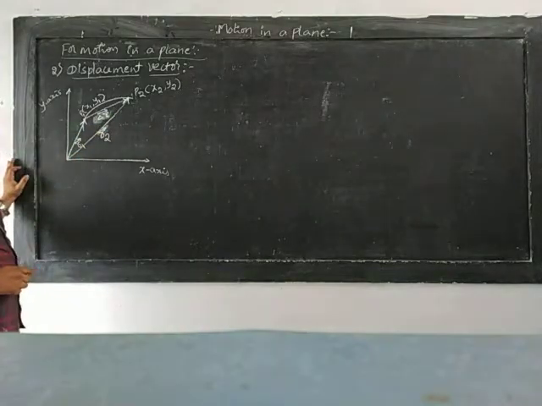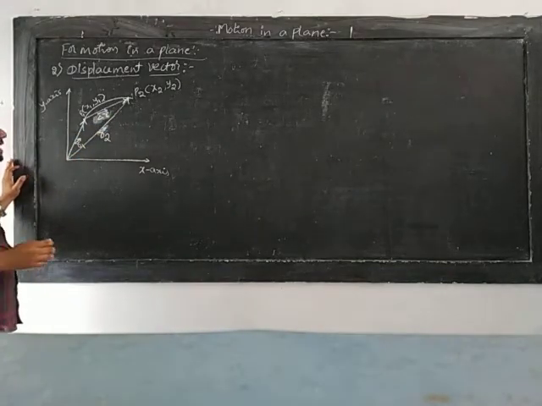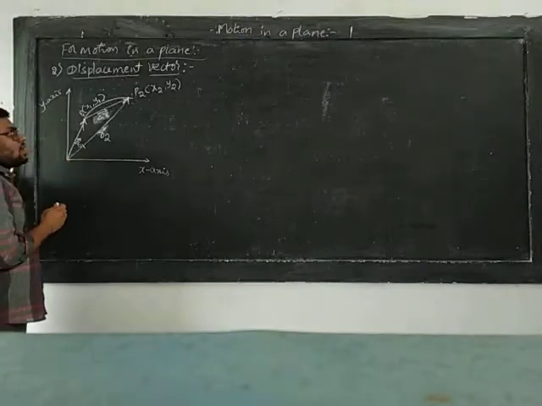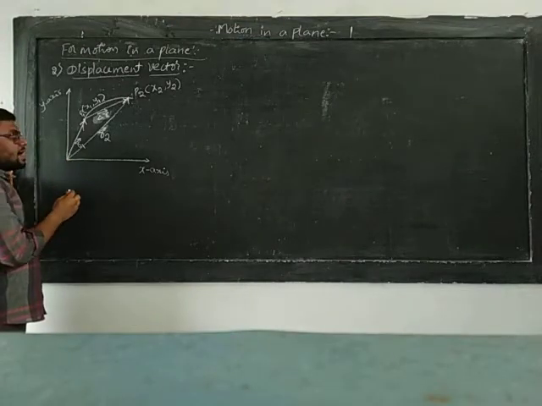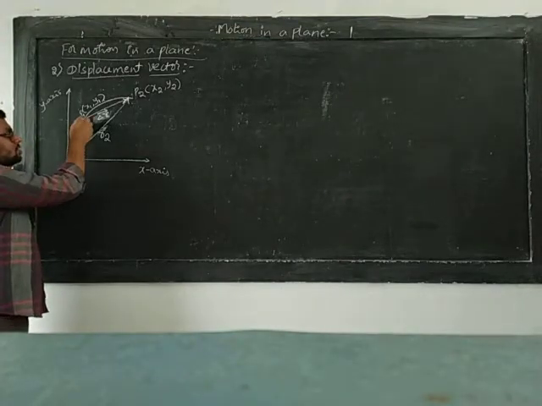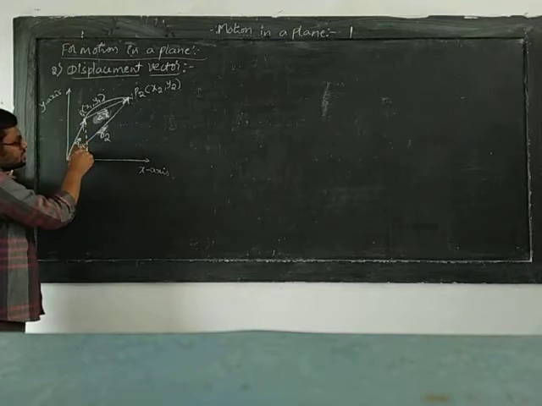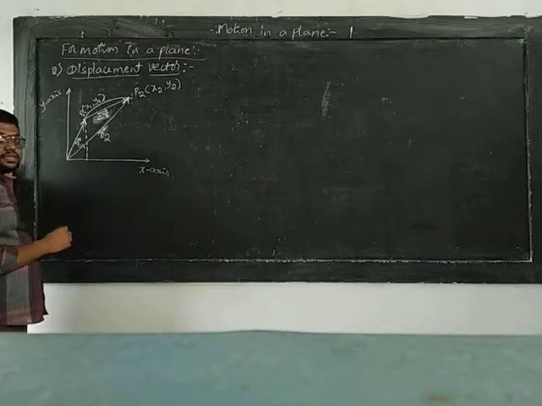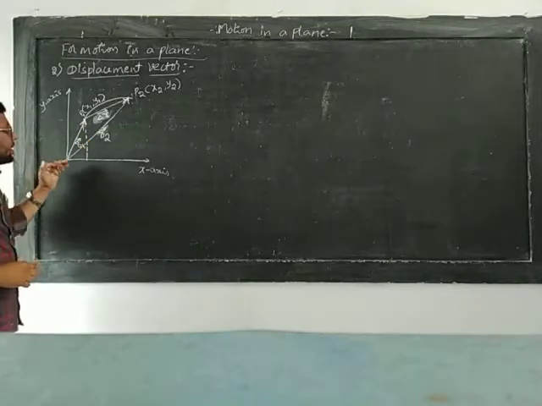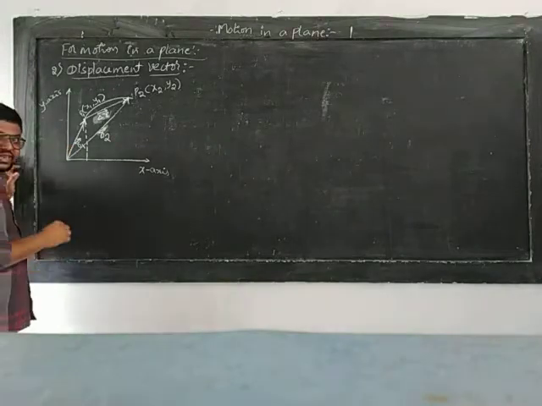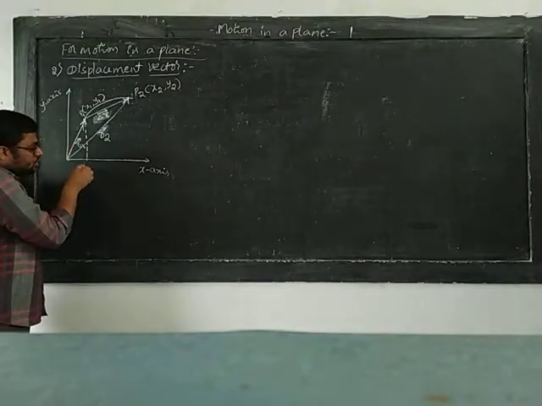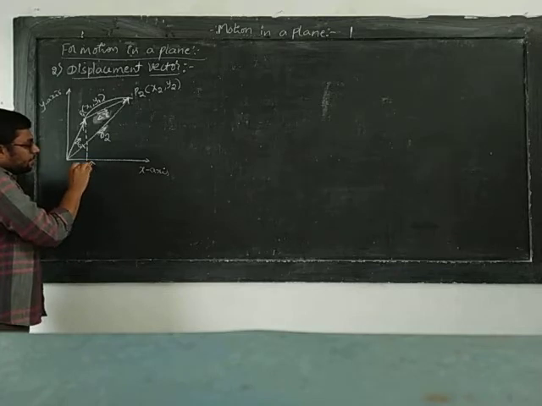Now it is time to resolve R1 and R2 along the x and y axes. As you can see here, I consider this as the component of R1 along the x axis, and I will name it x1 i cap.